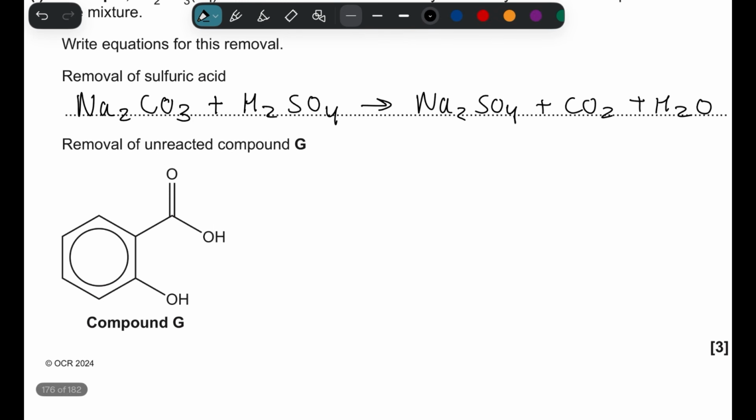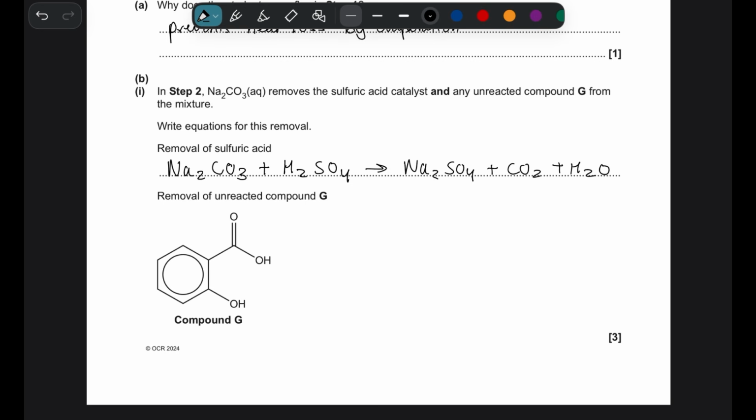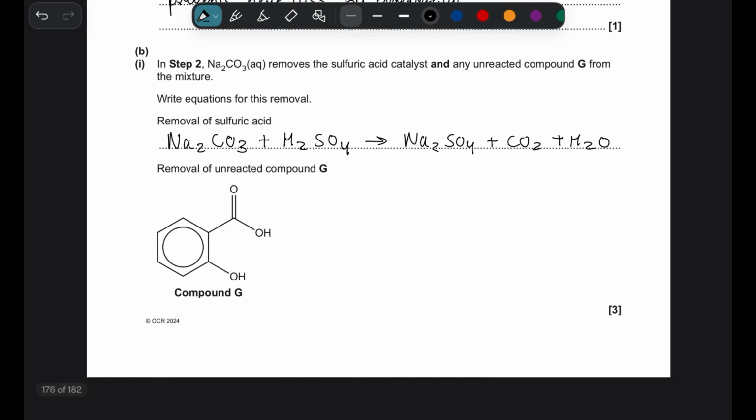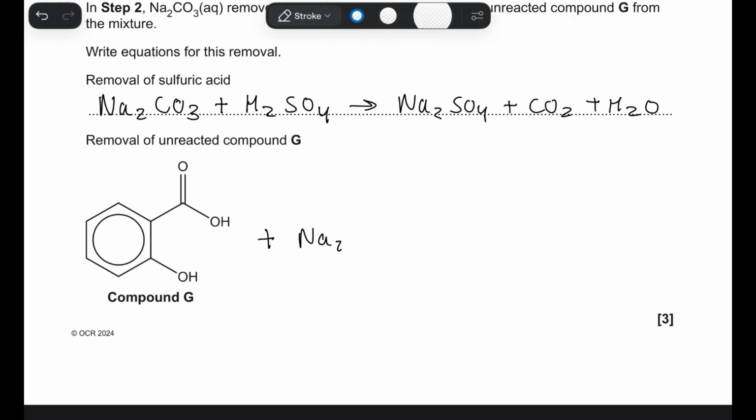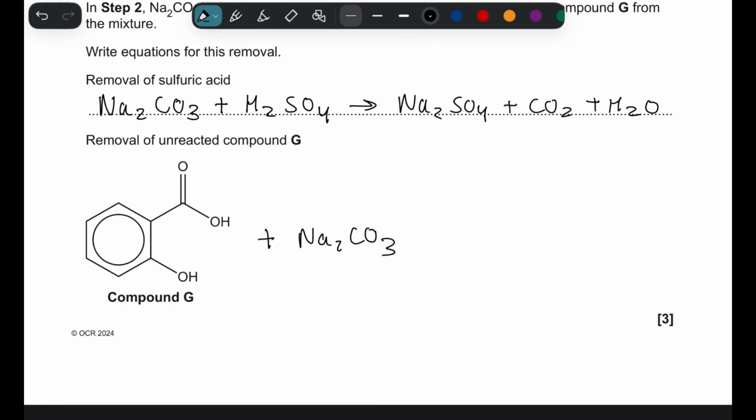And then if we're talking about the reaction with compound G, what it's probably going to react with is the carboxylic acid group, because carbonates are not really strong bases, right? So we just add on the Na2CO3, and then we need to get to drawing.